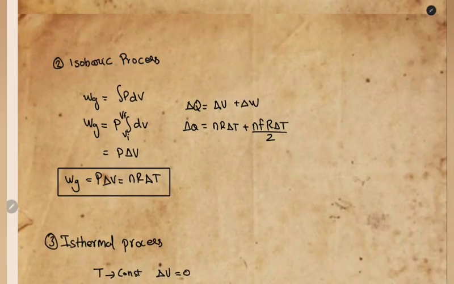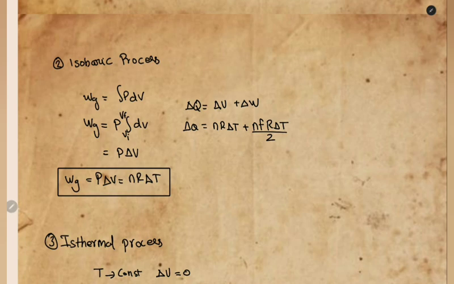Now the isobaric process, P is constant. If you integrate P dV, you can take P outside because it's constant and apply the limits V initial to V final, and this will be basically P delta V. Now delta Q is equal to delta U plus delta W, and the work done by the gas is P delta V, which is nR delta T, because delta V has a direct effect on temperature when P is constant.